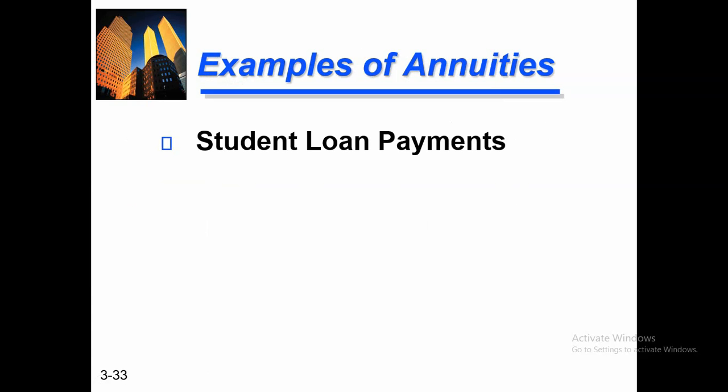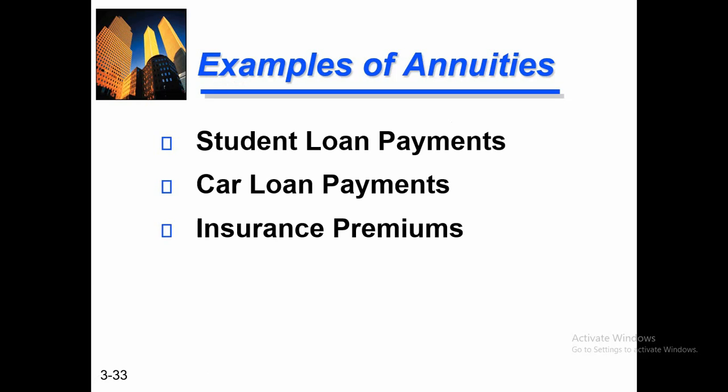So here are some examples of annuities. The first one is student loan payments. Most of the time students finance their education with loans. Those loan payments are fixed, and the period is also defined. That is the best example of an annuity. The same goes for car loan payments and insurance premiums. Most of the time you minimize your risk by purchasing insurance, and you pay a premium, like life insurance premiums. Those insurance premiums also fall under the annuity system.